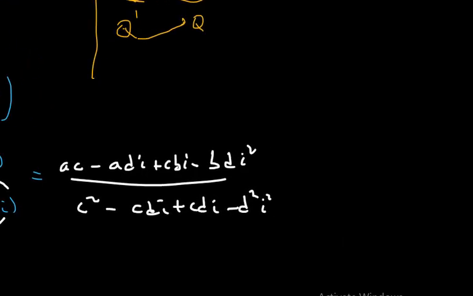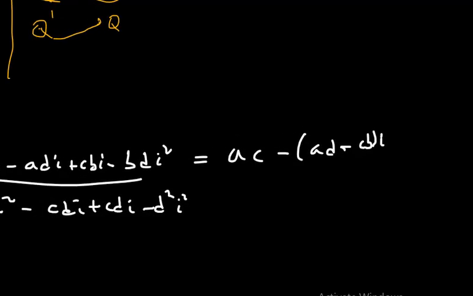So this is the same as ac, and you have adi and minus cbi; you can take i as common. Now i squared becomes minus 1, so multiplied by the negative it gives bd.